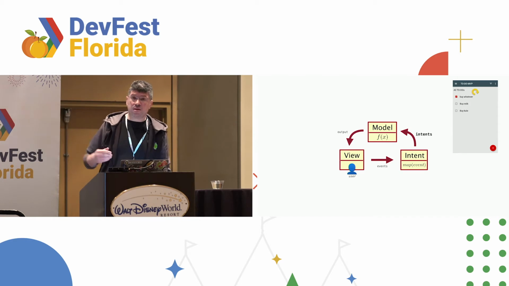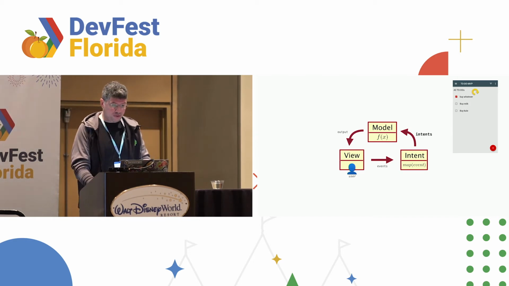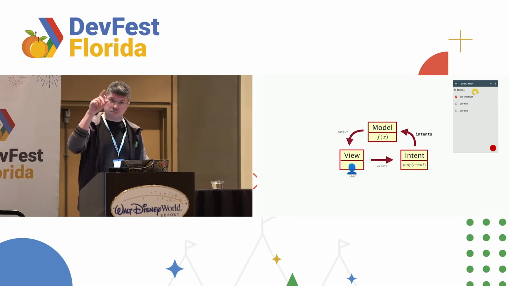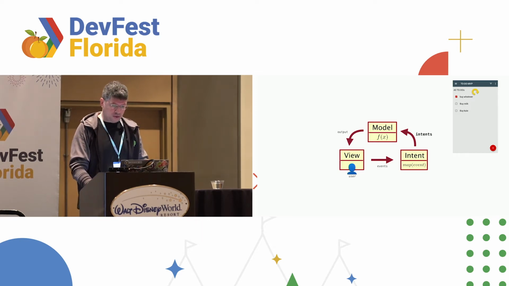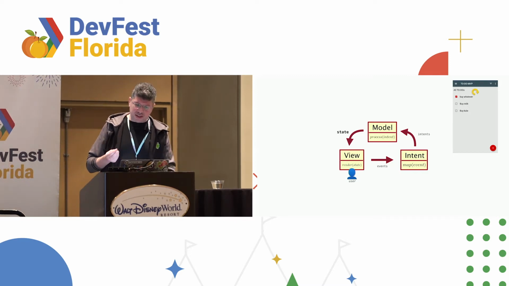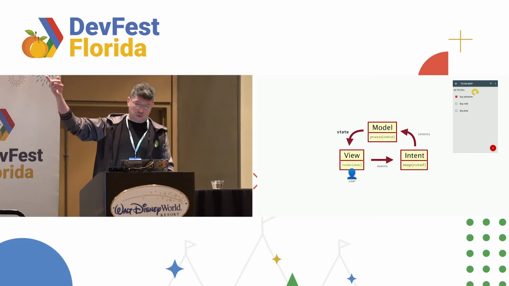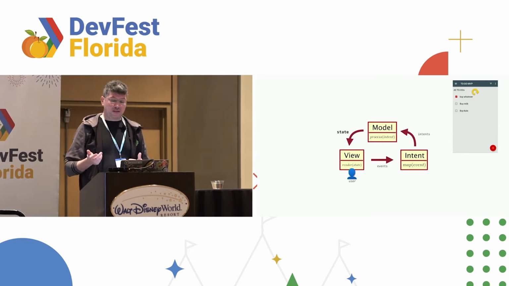So in the context of a to-do app, as we'll see, that's what we're talking about today. That's what it would basically look like. You'd pull to refresh, the event would go in, and that'd be that. Right. So when the model processes an intent, like refresh here, it's going to do a call to the network. We're going to get a new list, and then that model will get updated.